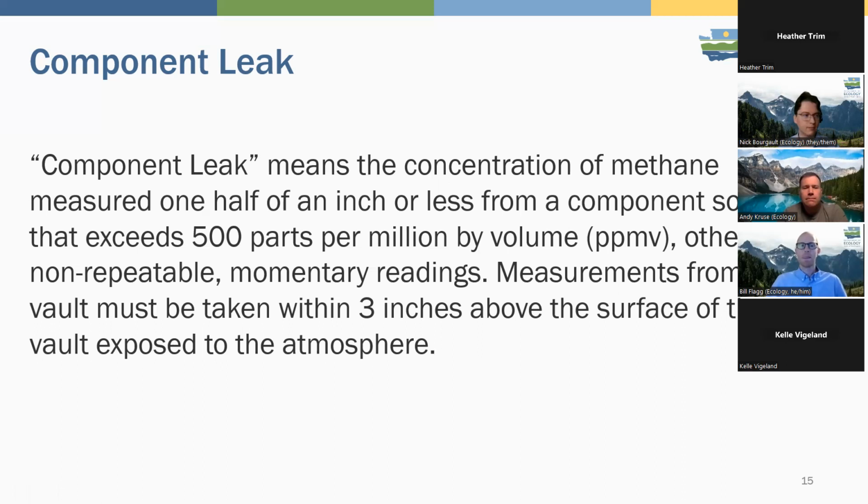So to be clear and understand this, you're talking about if there's an existing pipeline or infrastructure and you're looking for a specific leak out of that, as opposed to when you say component leak. Yes, Heather, that's exactly right. These are leaks from gas collection and control system components.